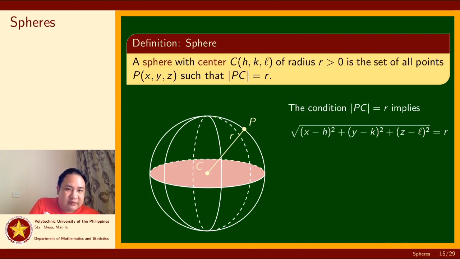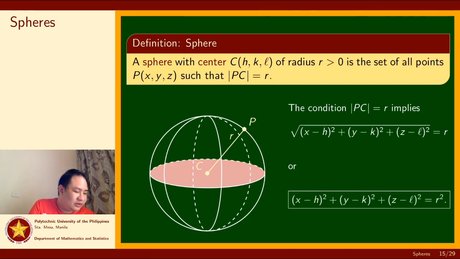The left-hand side of the equation is the result of applying the distance formula for the points P and C. Taking the square of both sides, we get the following equation. This equation is also known as the center radius form for a sphere, just like the center radius form for a circle in 2D. This is a 3D counterpart.